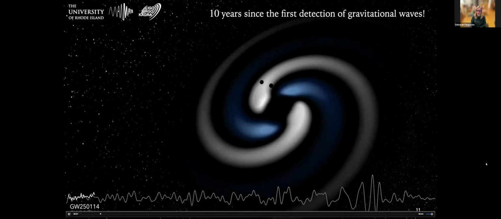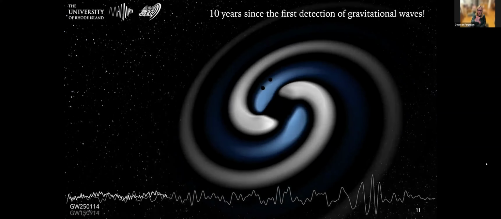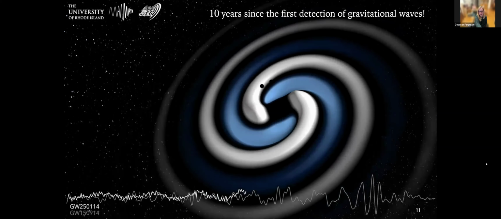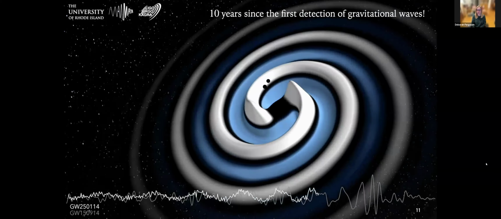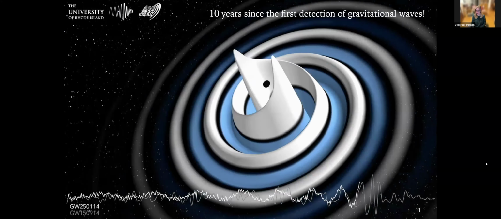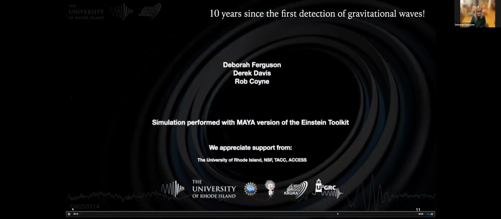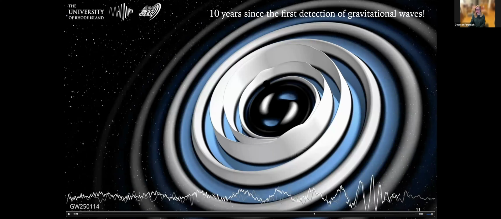And so this is a visualization of that system from a numerical relativity simulation shown in 3D or kind of 2D. And then down here, you can see the overlaying of the new data of the new detection on top of that first detection. And what is striking, if I can pause it back here, is just how much the noise has been reduced, and so how much more of the signal you can really see.